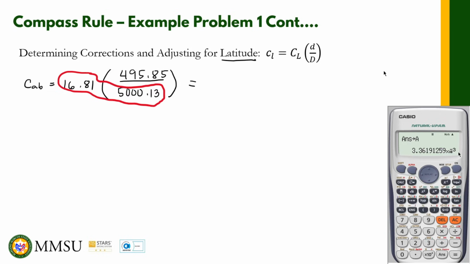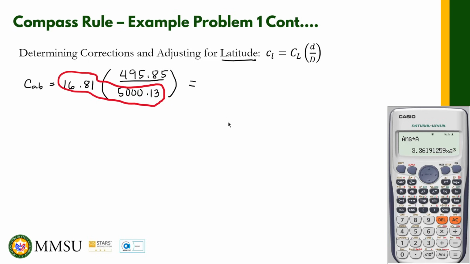Sa mga ibang calculator meron siyang diretsong store A, pero yung store kasi dito nasa taas, kaya nag-shift ako STO, store. So, nasa A na ngayon yung value ng 16.81 divided by 5,000.13.